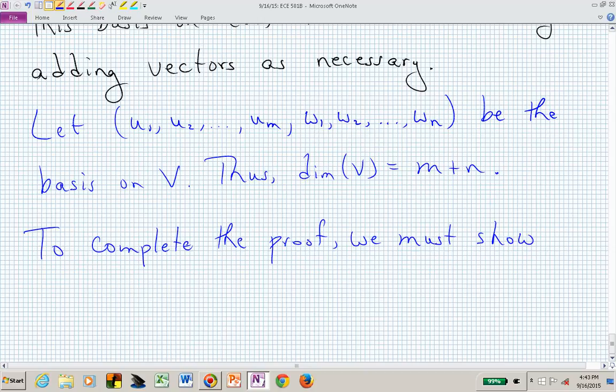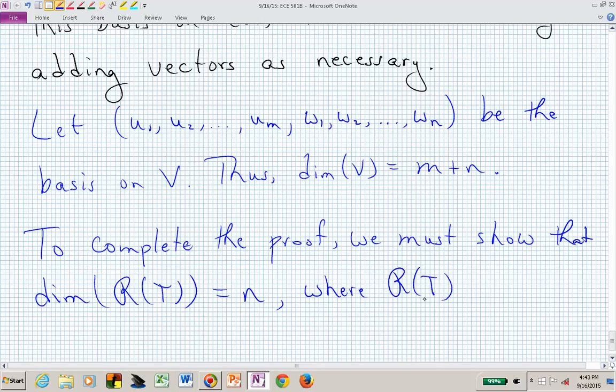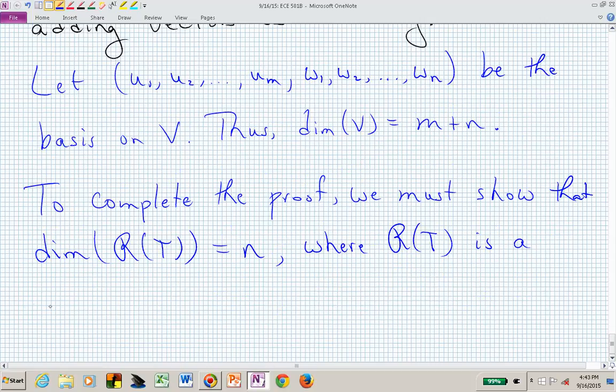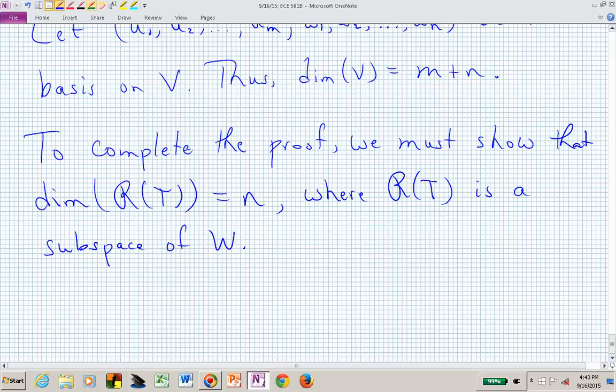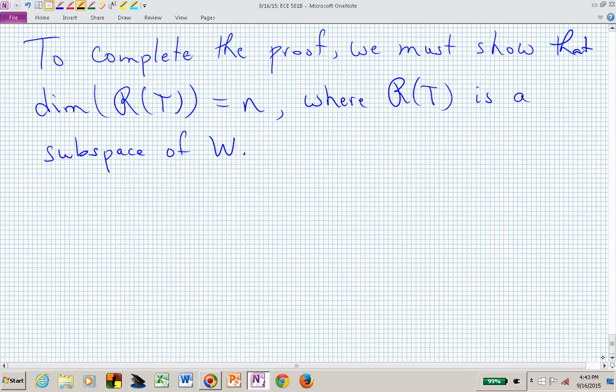We need to show the dimension of the range space is n in size. We must show that the dimension of the range of T is n, where the range of T is, in fact, a subspace of W. That's what we want to show.